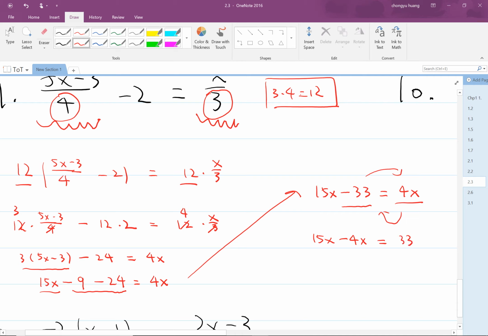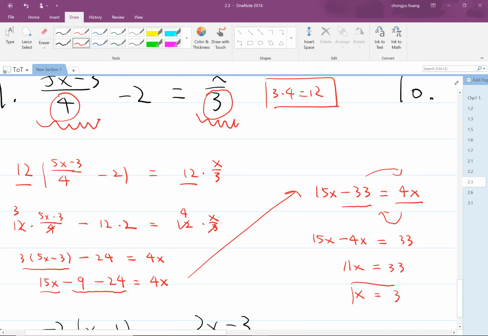After that, 15x minus 4x is 11x. 11x is equal to 33, and x is just equal to 3, right? So 33 divided by 11 is equal to 3.